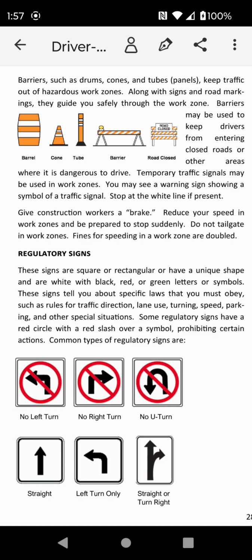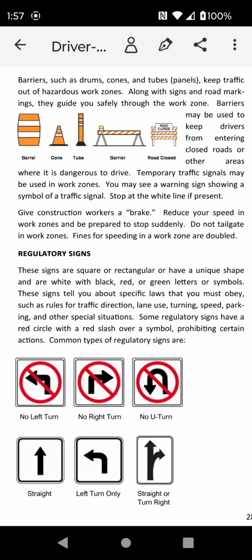Regulatory signs. These signs are basically posted at intersections, usually near the stoplights, right? These signs are square or rectangular, as you see below, or have a unique shape and are white with black, red, or green letters or symbols. These signs tell you about specific laws that you must obey, such as rules for traffic directions, lane use, turning, speed, parking, and other special situations.